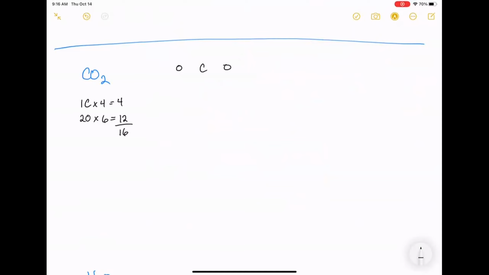We draw a single bond between the outer atom and this central atom and subtract 2 for each bond we drew. We drew 2 bonds, 2 times 2 is 4, so we'll subtract out 4 from the bonds, which still gives us 12. The next thing we're going to do is give our external atoms their octet.